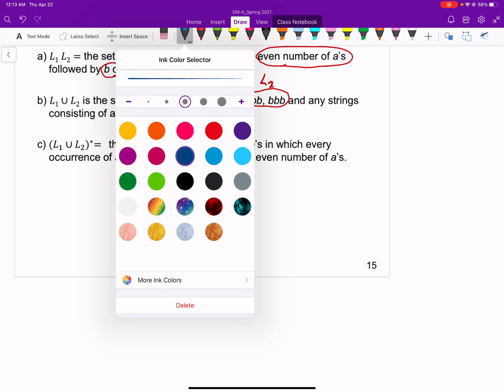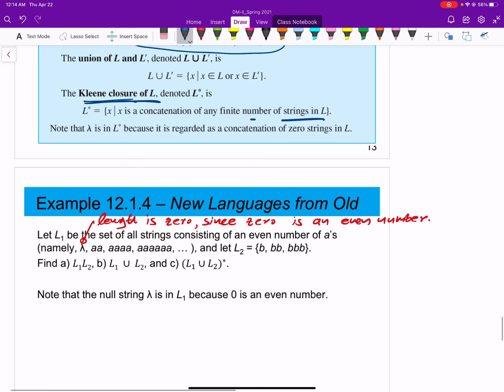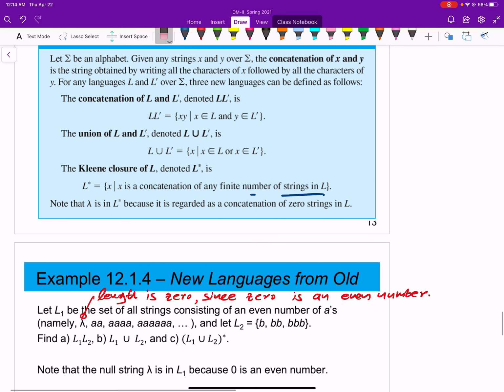All right, so you already know that part without the Kleene closure, which you found in part B. So this part is already found. This is part B. Now you have to get the Kleene closure of part B.